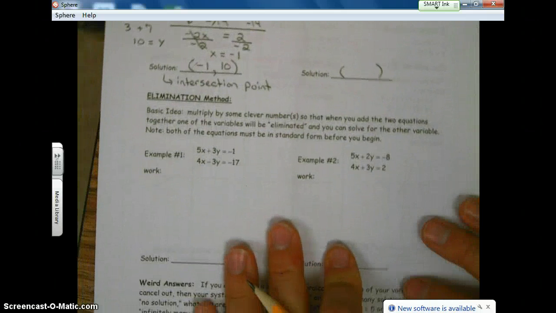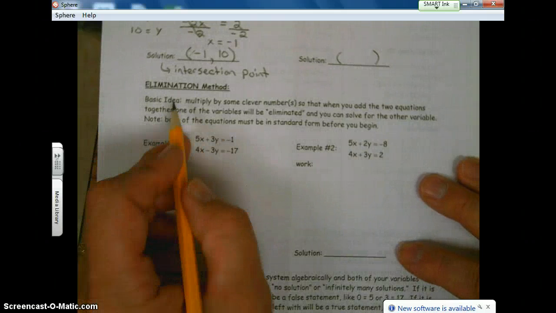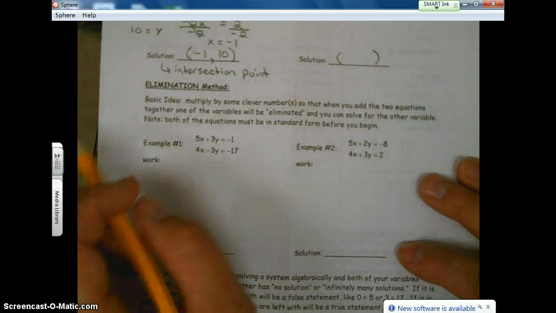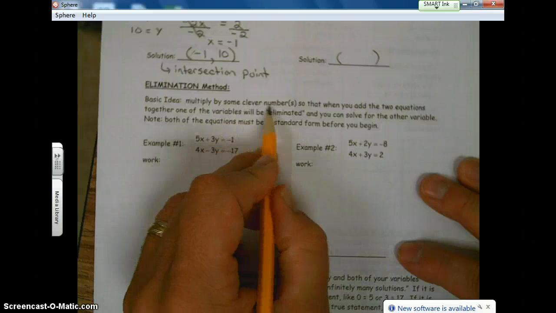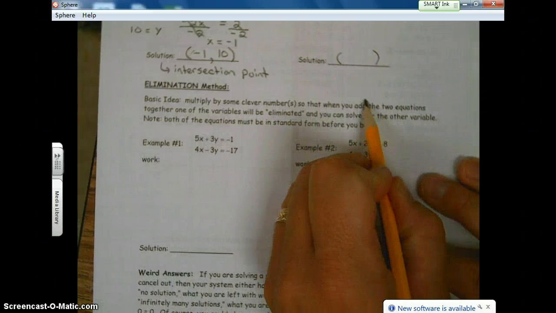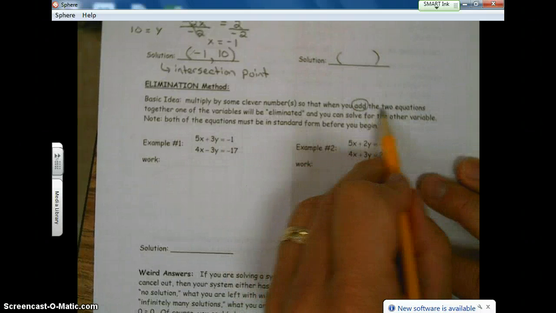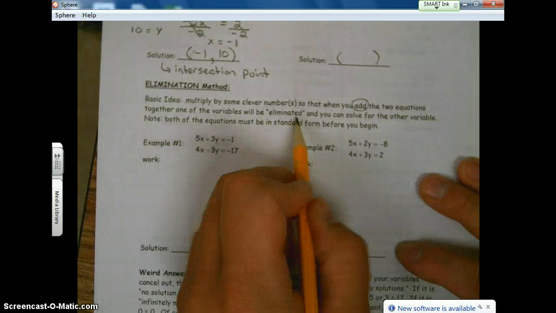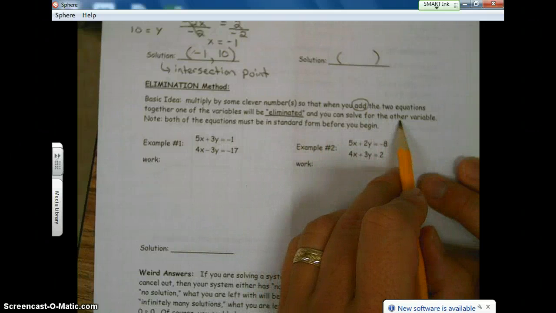Now for the elimination method. A different method, another way of solving a system. So, basic idea, multiply by some clever numbers so that when you add or subtract the two equations together, one of the variables will be eliminated and you can solve for the other variable.